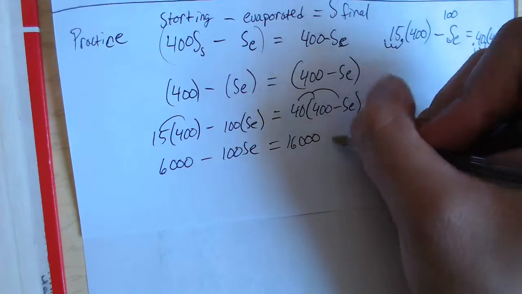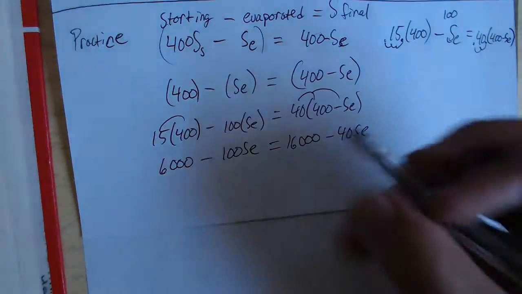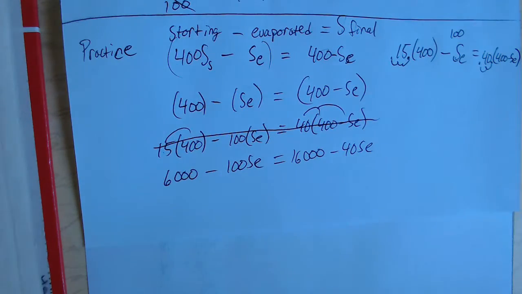It gives me 16,000 minus 40 SE. Now, I actually don't even need to substitute or eliminate in this problem. I can just solve one of these equations, and then I will know the amount of solution that's been evaporated.